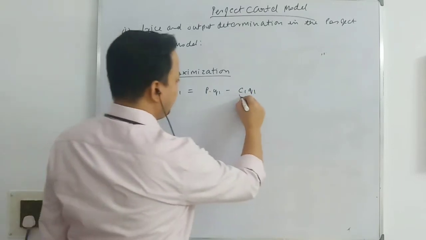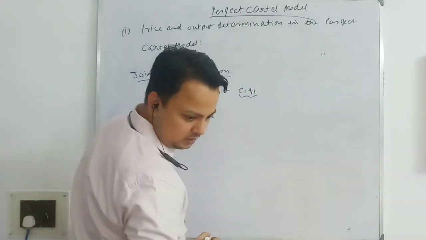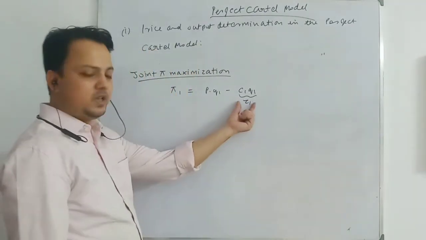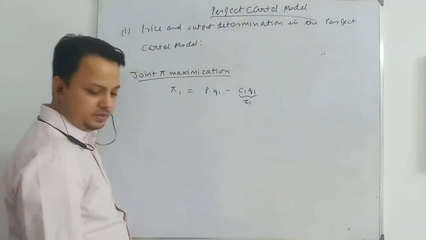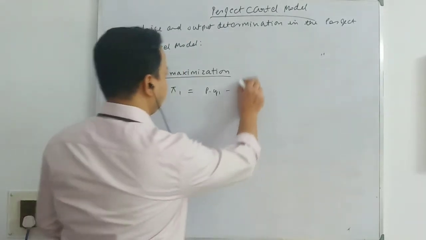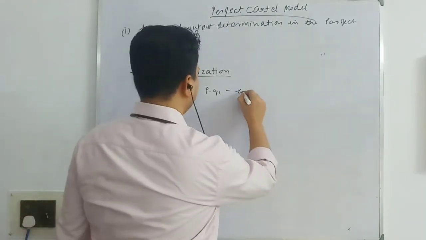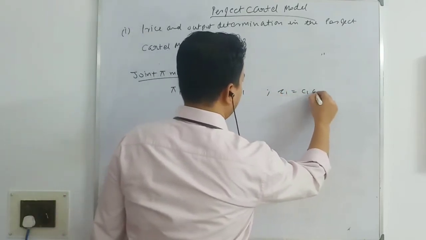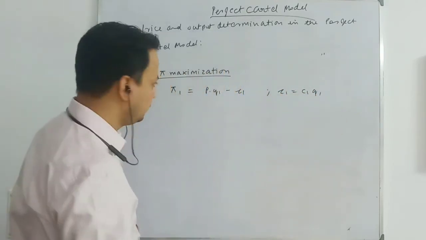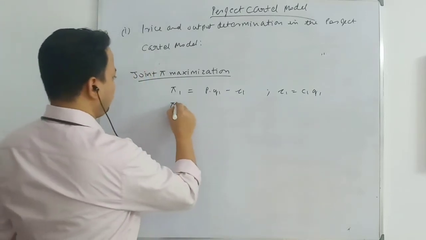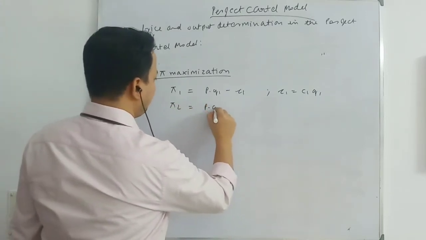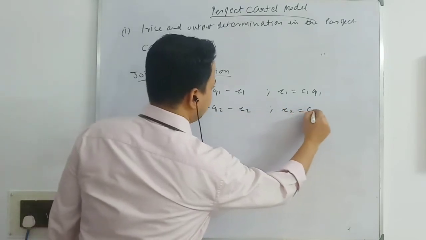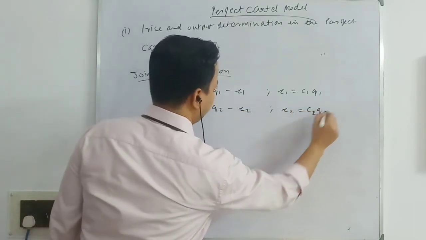For simplicity, let me denote this cost by small c1, so small c1 is C1 Q1. The profit of firm 2 is P times Q2 minus small c2, where small c2 is C2 Q2.